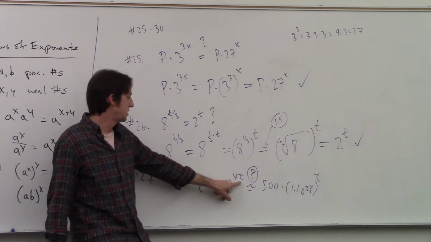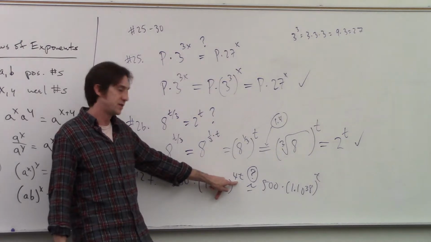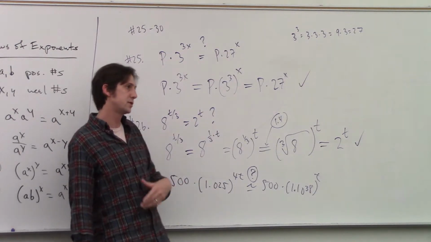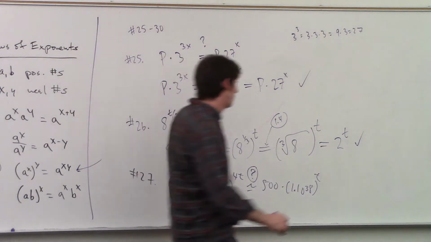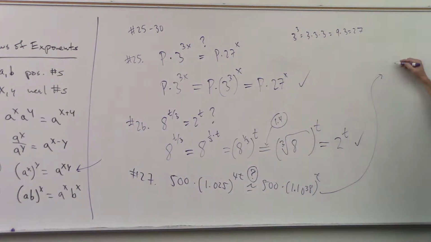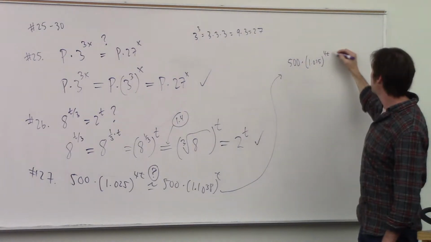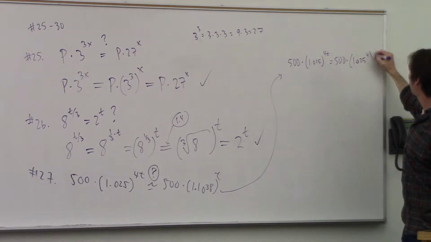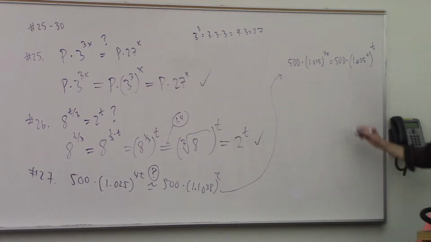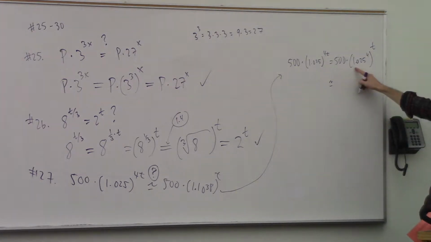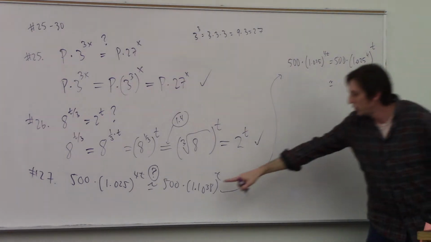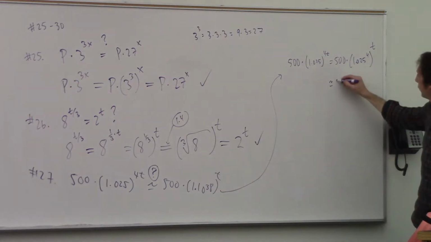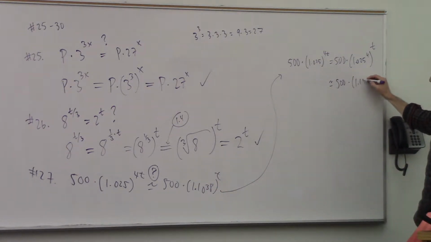This 4 times t in the exponent, I'm going to interpret as the exponent 4, all raised to the exponent t. So if I start with 500 times 1.025 to the 4t, I can write that as 500 times 1.025 to the 4, all raised to the t. And then if you check on your calculator, 1.025 raised to the 4 should be about 1.1038. So this is 500 times 1.1038, all raised to the t.